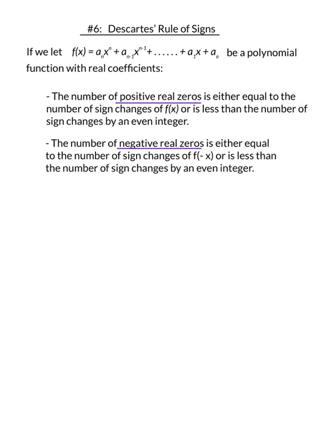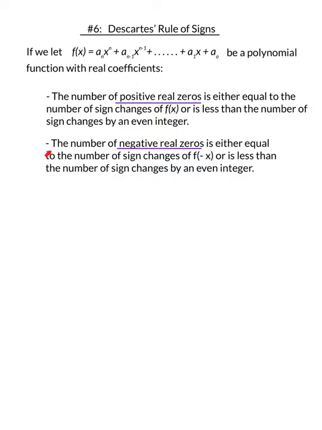All right, the very last topic that we're going to talk about is Descartes' rule of signs. So let's see what it says. If we let f of x equals a sub n x to the n plus all the way up to plus a sub 0 be a polynomial function with real coefficients, then the number of positive real zeros is either equal to the number of sign changes of f of x or is less than the number of sign changes by an even integer.